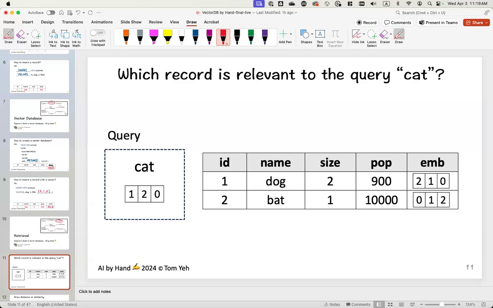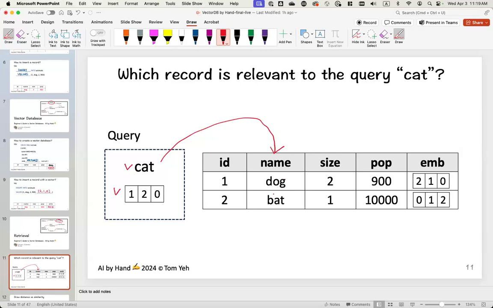And suppose there's some process where we can actually get a vector representation for a cat as well. So in the query, we have this word, and we also have a vector representation of the concept cat. How can we retrieve something that's relevant to this query? We have 2 options. One is that we could just match cat to this name column. In this case, we'll retrieve whichever word is closest to cat.